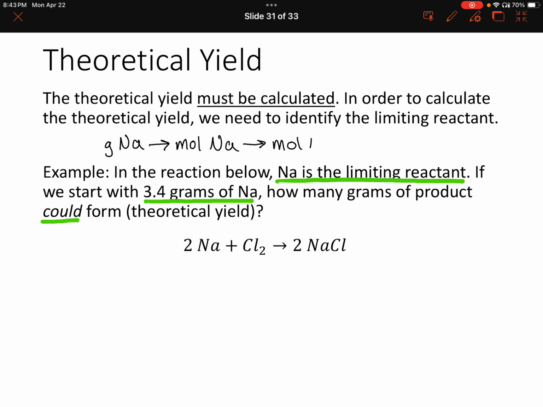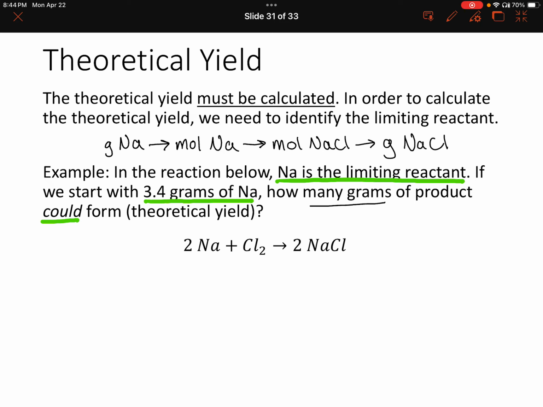So we're going to convert this to moles of sodium chloride, and then we're specifically asked how many grams of product would form. So we need to also convert this to grams of sodium chloride. All right, so instead of doing this in steps like I did in the last video, I'm going to show what it looks like when we just set up each of our conversion factors side by side.